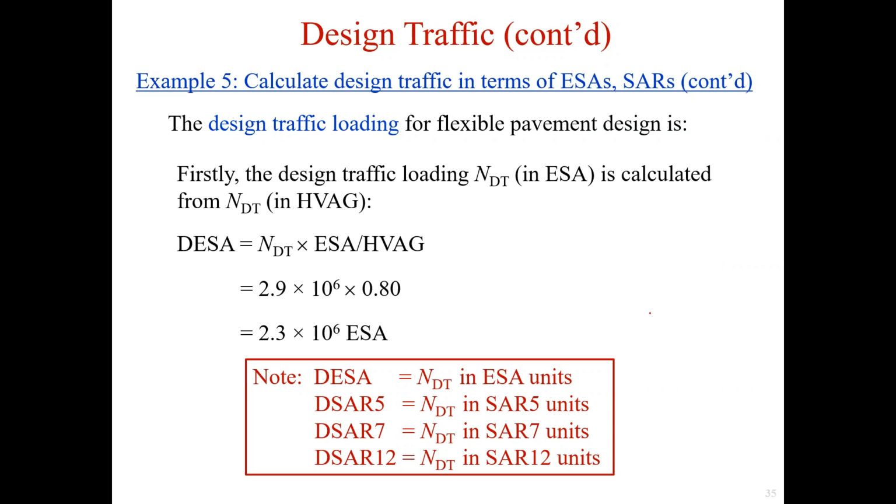And we get a value of 2.3 times 10 to the power of 6 ESA. So the DESA is NDT in ESA units. Similarly, the DSAR5 is NDT in SAR5 units, the DSAR7 is NDT in SAR7 units, and the DSAR12 is NDT in SAR12 units.